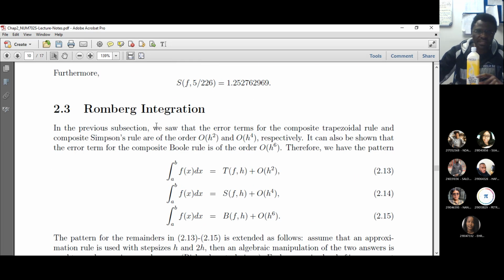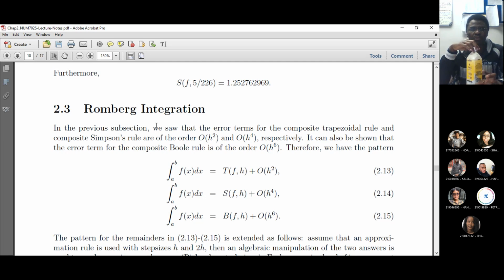So the principle is the same, and what is it? We know already that for the composite trapezoidal rule, the order of accuracy is 2, second order. For the composite Simpson rule, the order of accuracy is 4. That is a known fact.